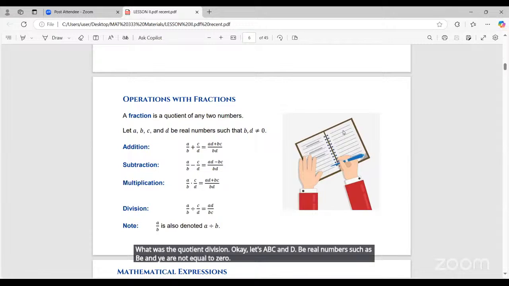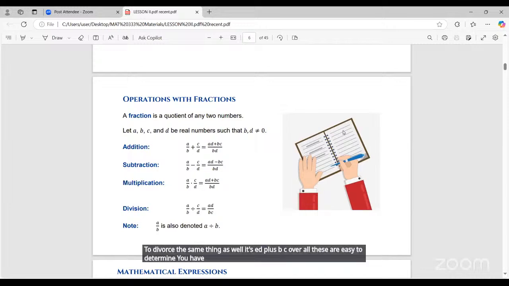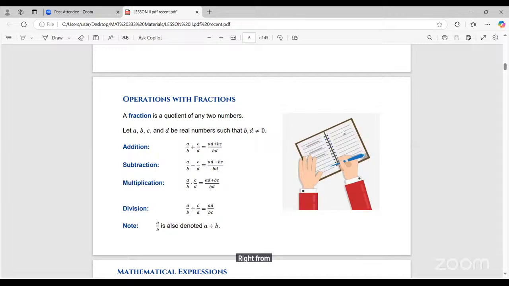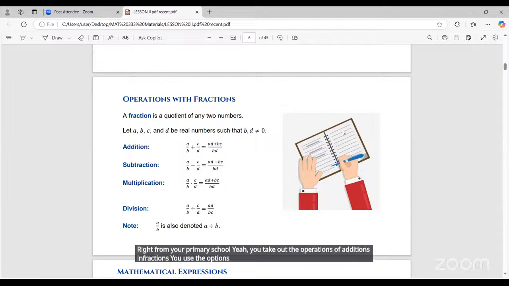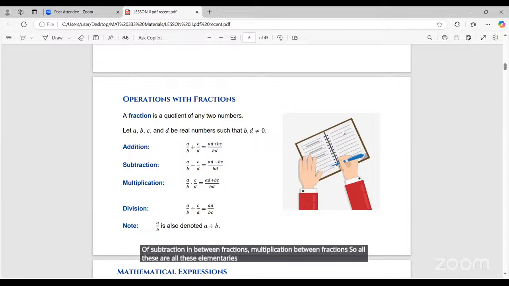We have A over B plus C over D giving us AD plus BC over BD. All these are easy to determine. You have seen all these operations right from primary school, where you use addition, subtraction and multiplication between fractions. So all these are elementary, and we can all understand this very well.